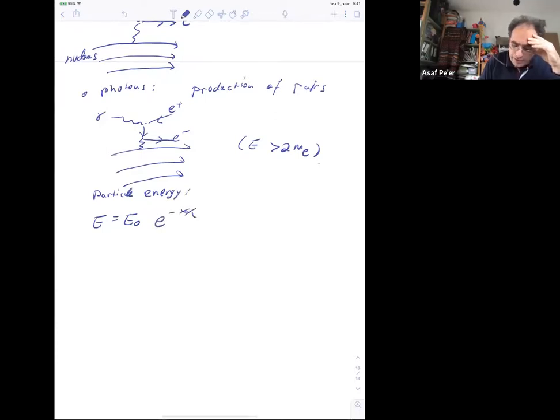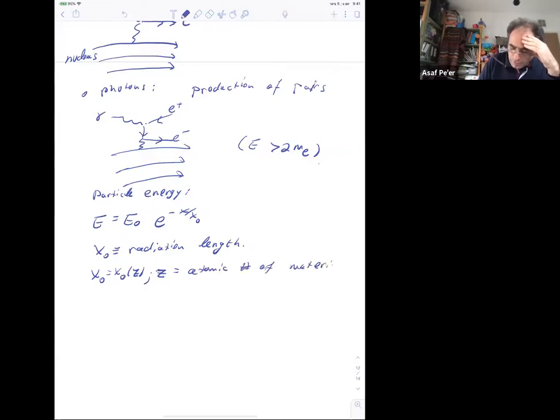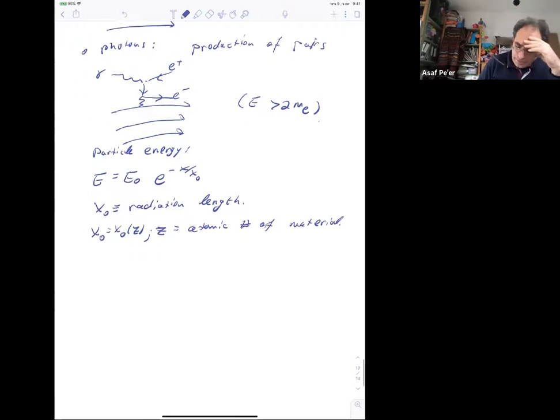X0 is known as the radiation length, which is a function of the material, the atomic number of the material, but also of the density and mass of the incoming particle.